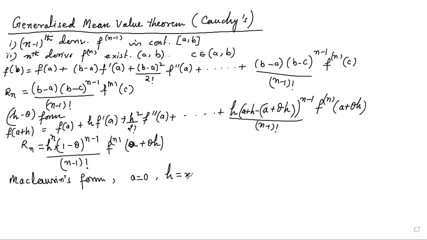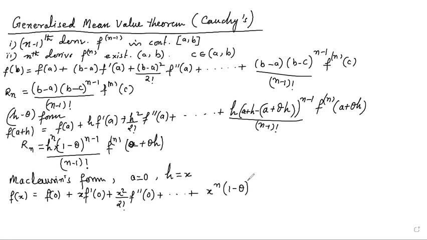After these replacements, f(x) equals f(0) plus x f'(0) plus x squared by 2 factorial f''(0) plus going on like this, x to the power n (1 minus theta)^(n-1) by (n minus 1) factorial into f^(n)(a plus theta h), where a is 0, so it is f^(n)(theta x).